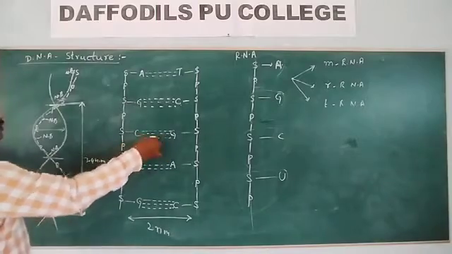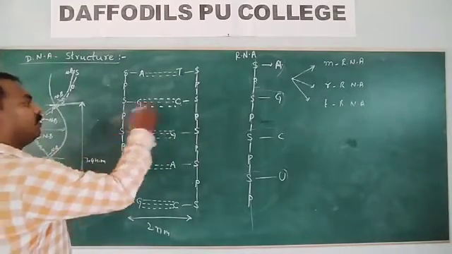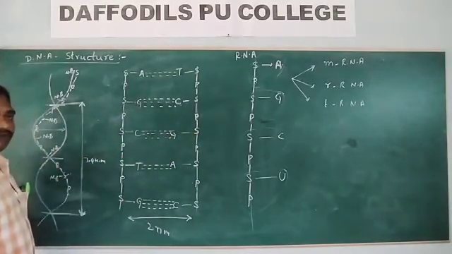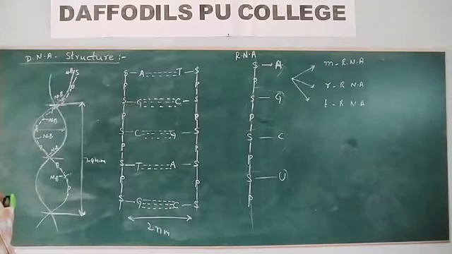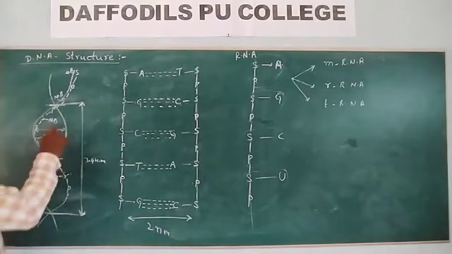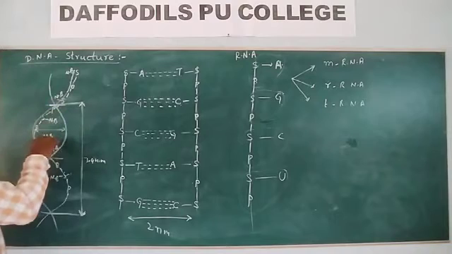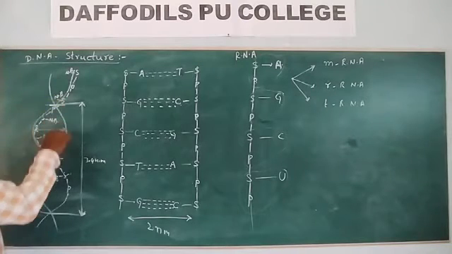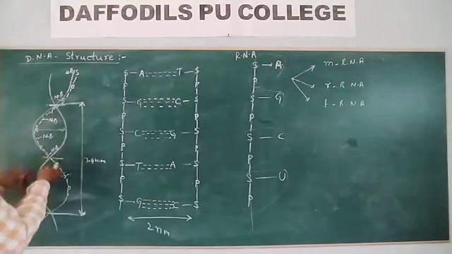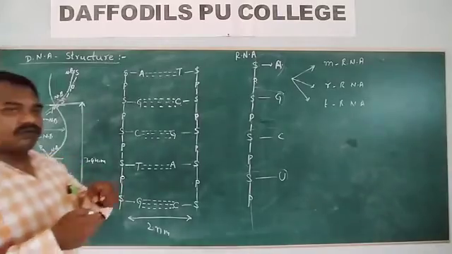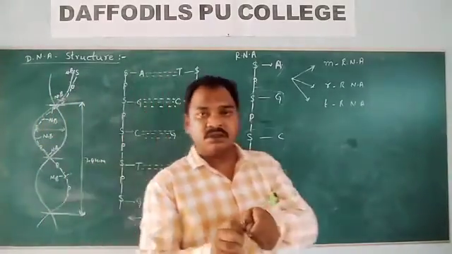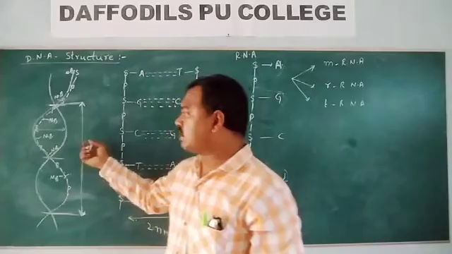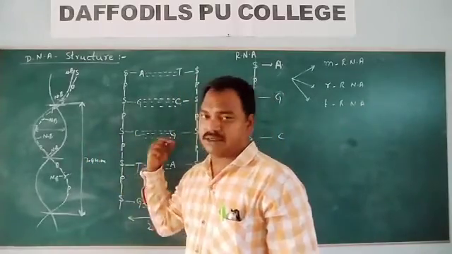Actually, these nitrogen bases are present inside. Now what happens during the formation of a protein chain? First, this DNA helical structure is going to unfold, and the nitrogen bases are exposed outside.